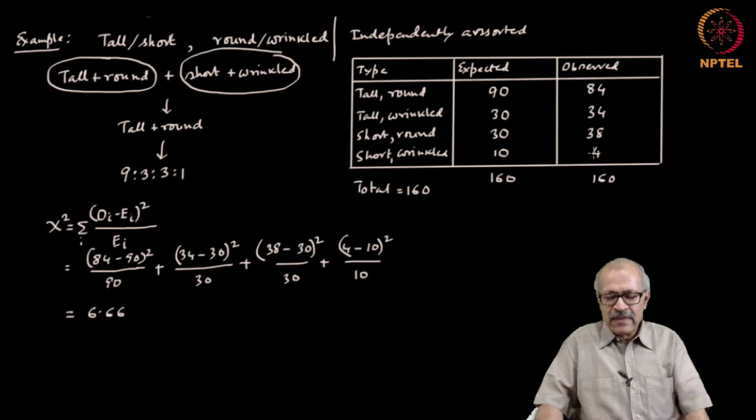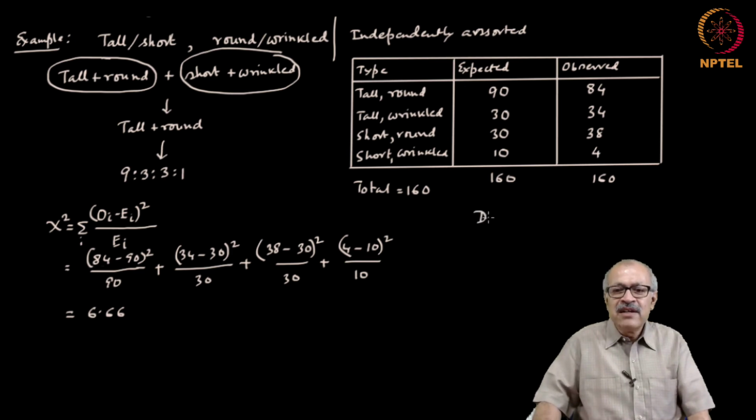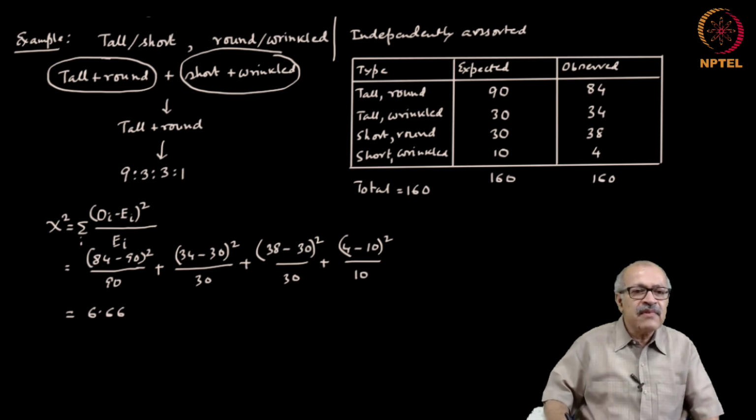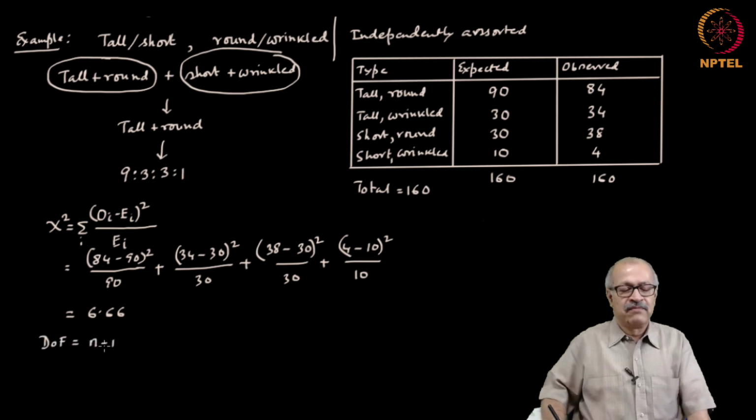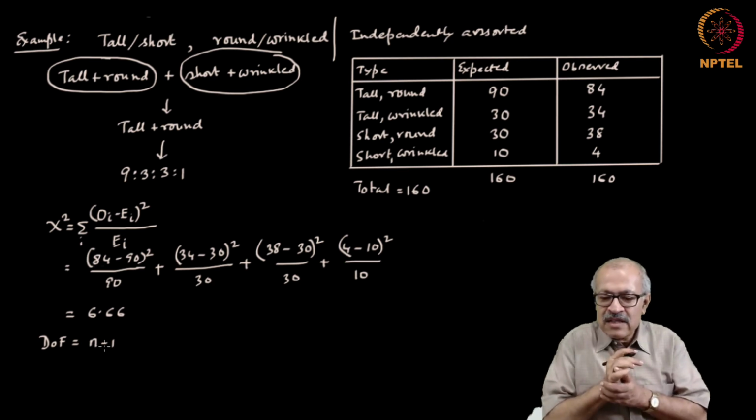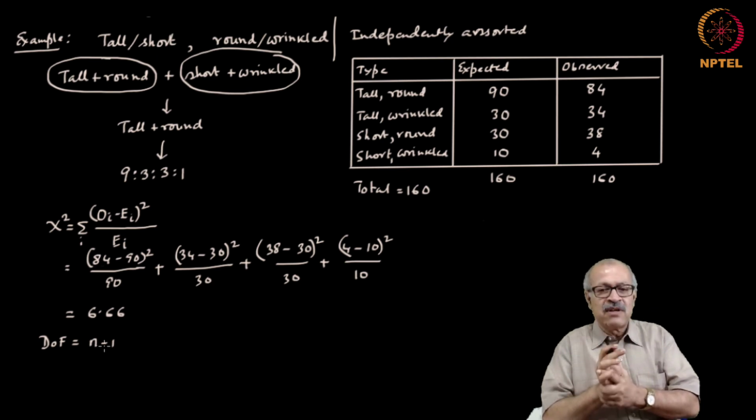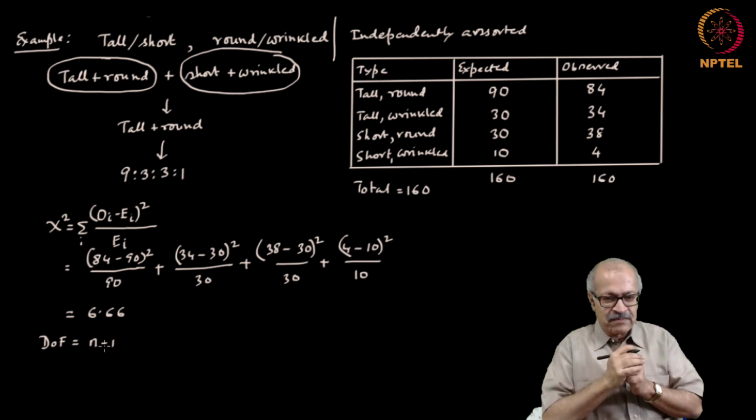Therefore, once you have obtained these 3, the 4th one does not have a freedom. There is no freedom to choose the 4th one. Therefore, the degree of freedom is actually n minus 1. In this case it is 4 minus 1, so 3 degrees of freedom.